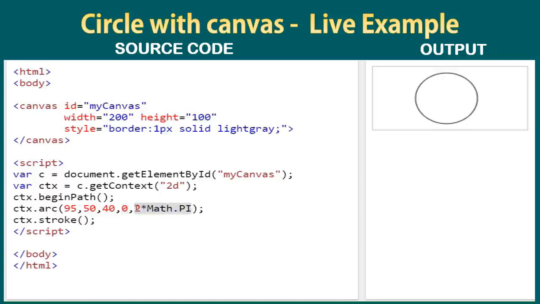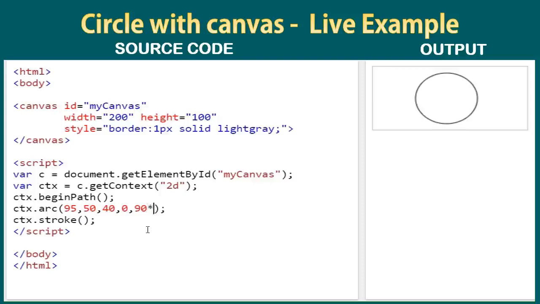So if we want to end the arc at 90 degrees, for example, I cannot use 90 directly here; that has to be converted to radians. So multiplying the degree value by pi by 180 will convert it into radians. So 90 into pi by 180.